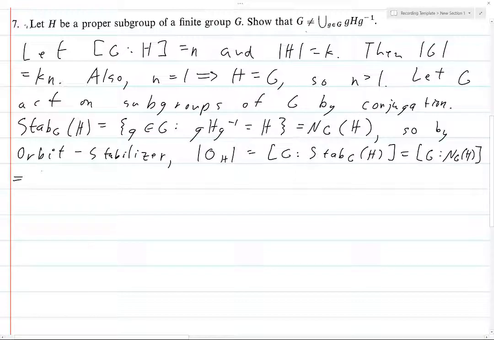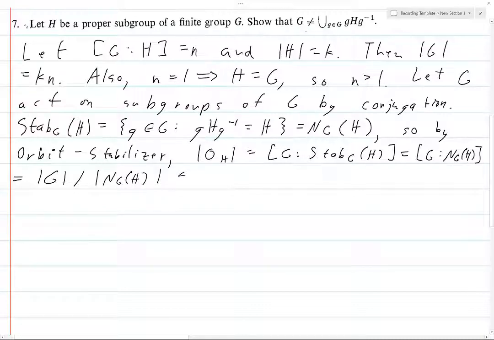We know that the order of G is equal to the index of H times the order of H, and so you can divide by the order of the subgroup, and what you get is the order of G divided by the order of the normalizer.